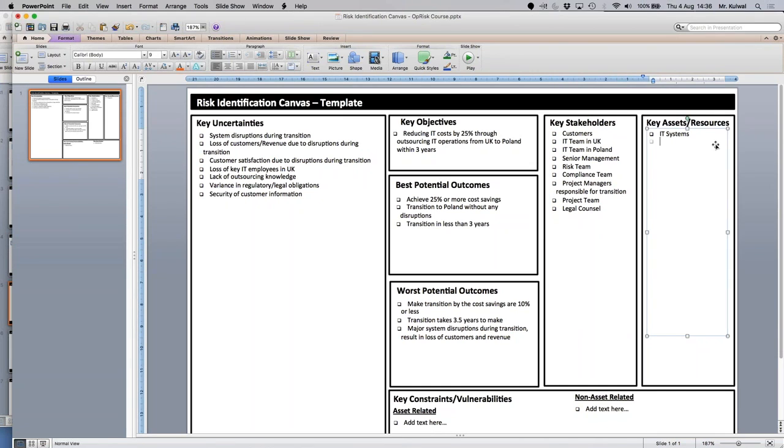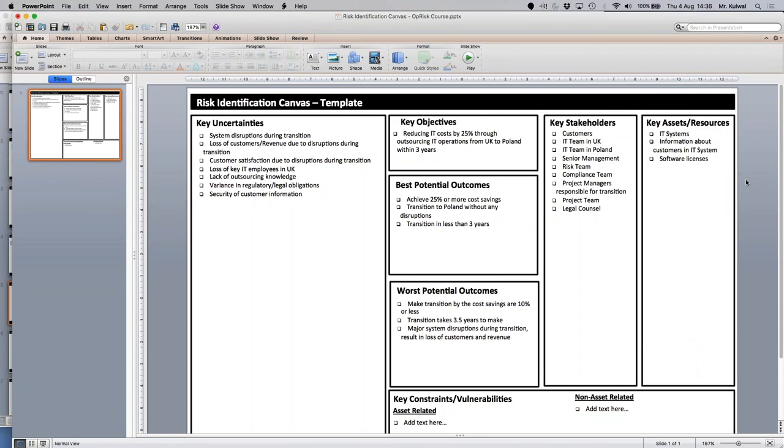Centralized resources and applications. Yeah, so we have IT systems, maybe the information about customers in IT systems. So that would be then an example of an asset which may come into the mix. We may have these software licenses, for example, that if we now have to operate the software from some other country, we may have to consider those.